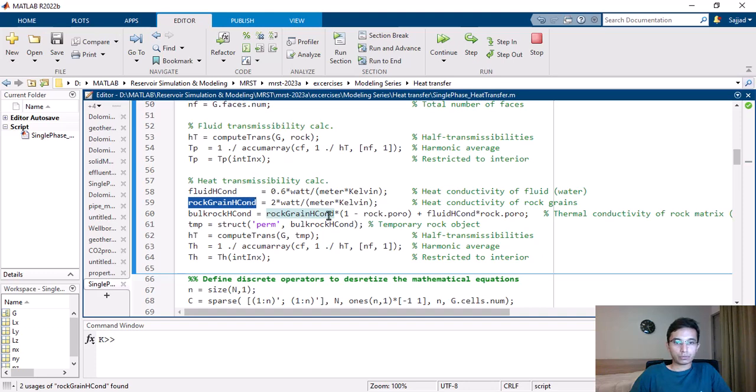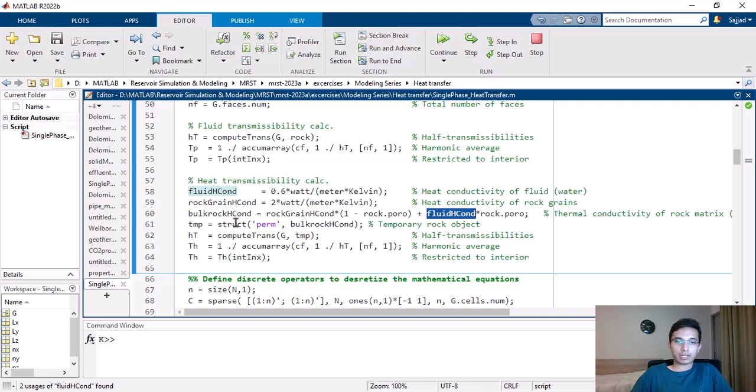And then what we do is calculate the average, or the bulk, rock conductivity in this way. You multiply the grain thermal conductivity by the grain volume plus the water thermal conductivity by the pore volume of the rock that we have.